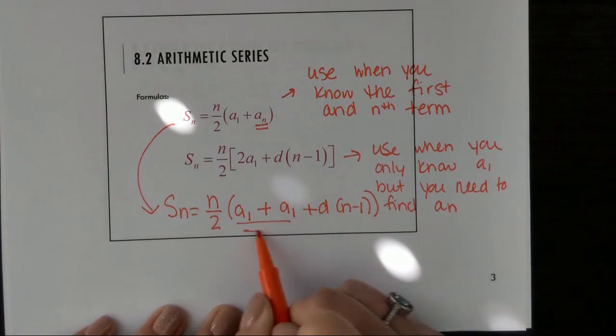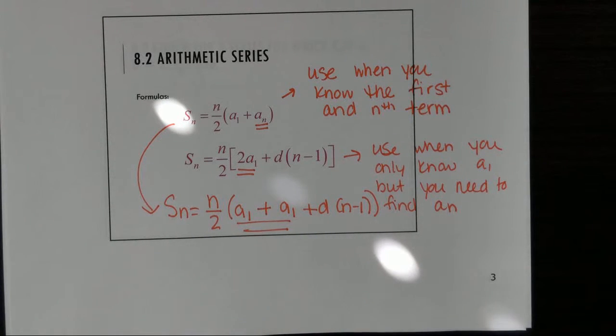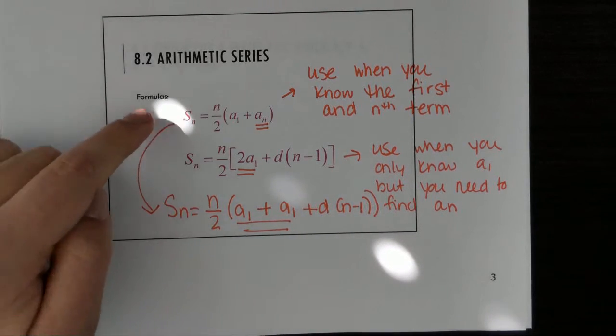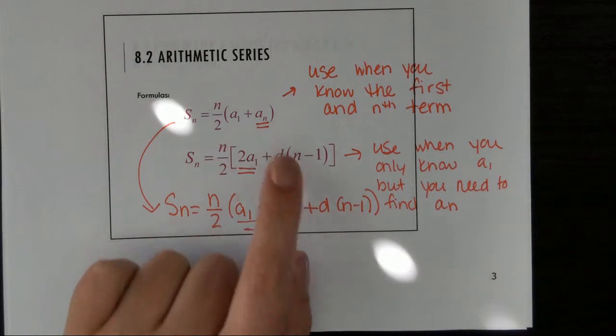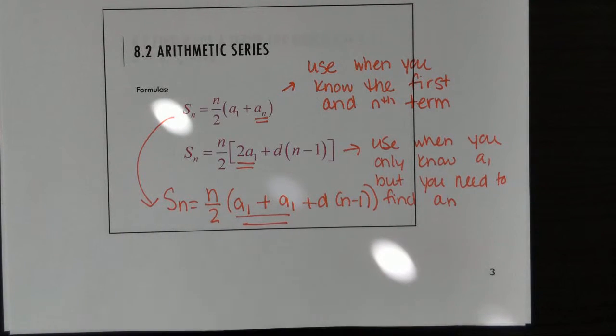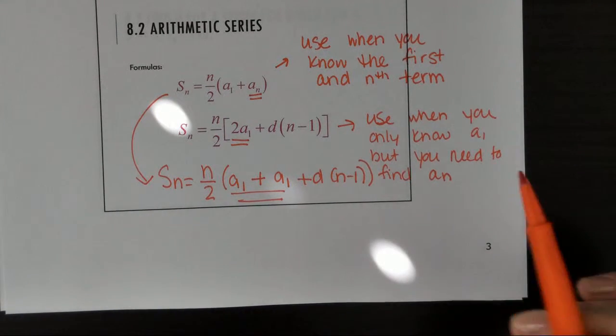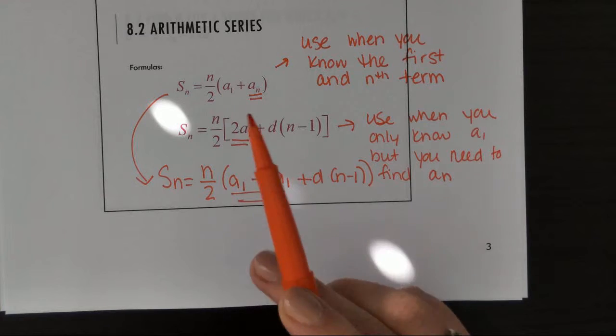So when I combine these together, that's where that 2 a sub 1 comes from. So it might be easier for you to remember the first one and know what a sub n is so that you can derive the second formula from it if you need to use it. If not, that's totally okay. Okay, so just some examples down below that I'm going to do to explain where this formula comes from.